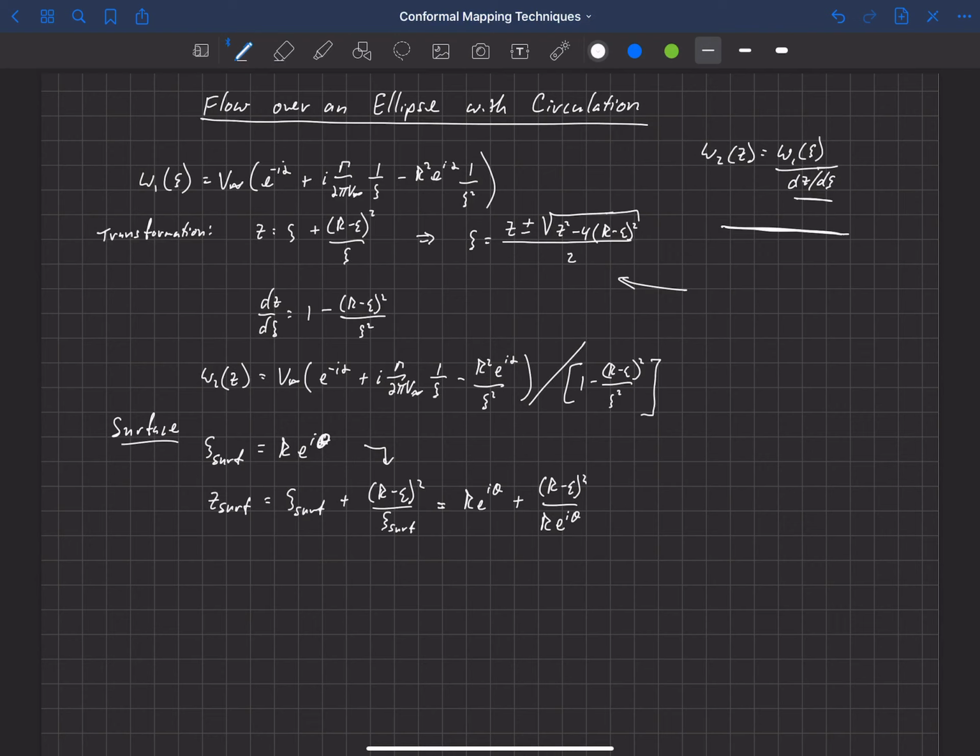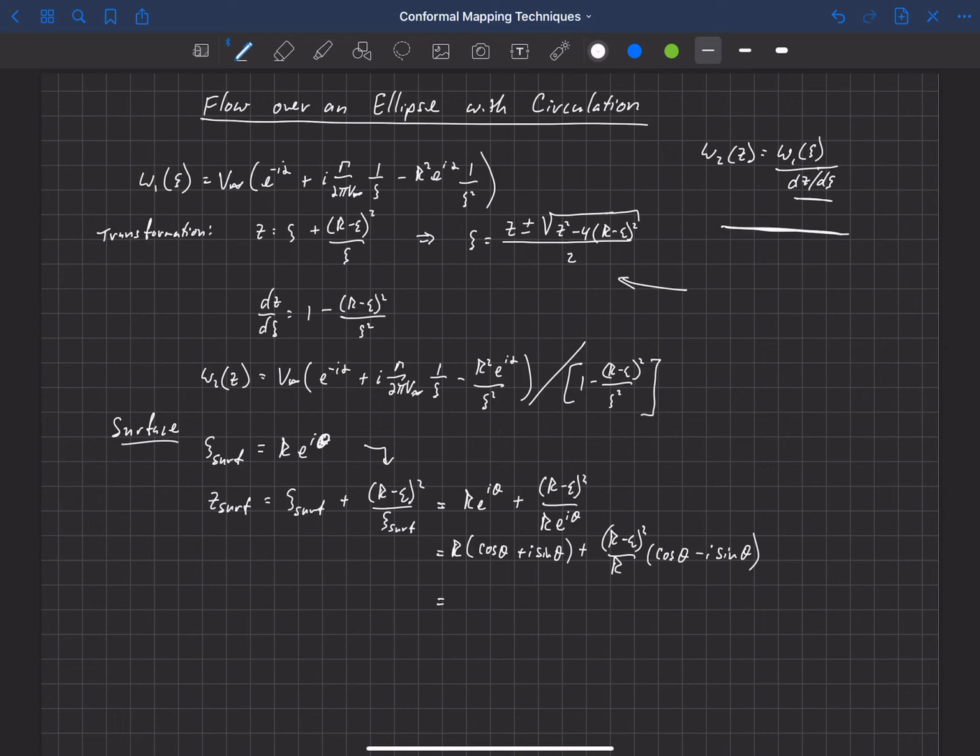Okay, so now I'm just going to rewrite this as r times cosine theta plus i sine theta plus (r minus epsilon) squared over r times cosine theta minus i sine theta. Okay, so the e to the i theta I've just split out into cosines and sines. And now I'm going to combine the cosine terms and the sine terms.